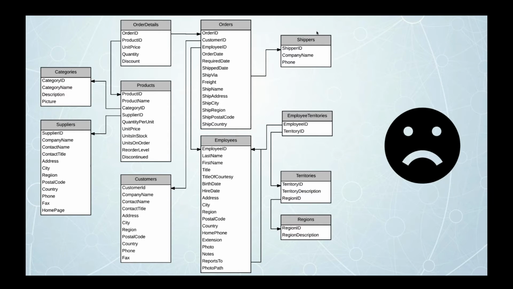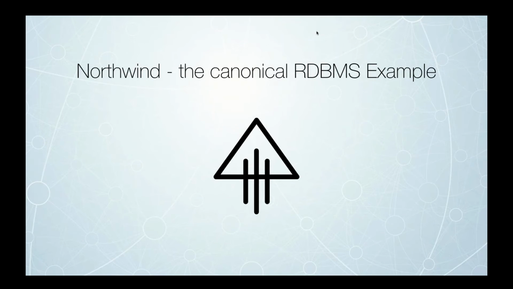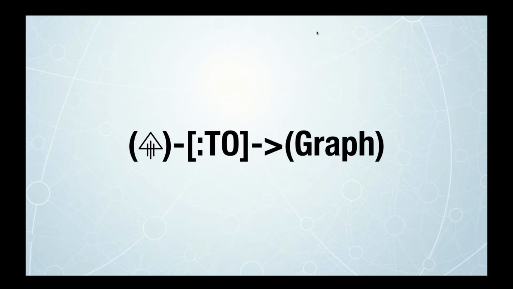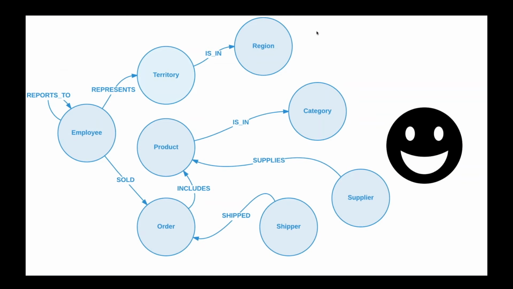This is the standard example that's talked about for data modeling in relational databases. And what we're going to do today is look at how we can translate that data model to a graph model. We'll look at how we can import that into Near4J and how we can write some queries that answer some interesting questions of the data.